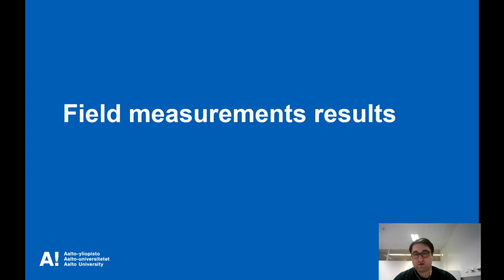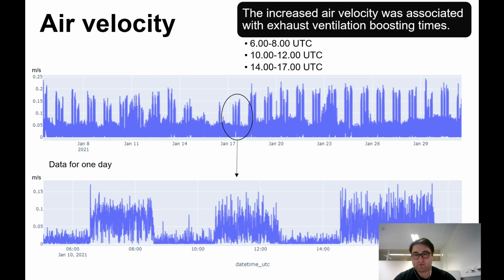Okay, let's have a look at the findings from the measurements. While air velocity in Building 2 was smooth and within the standards, in Building 1 we can see some peaks and a particular pattern. If you look closely at one day of data, it's obvious there are 3 peaks per day, at the exact same time every day.